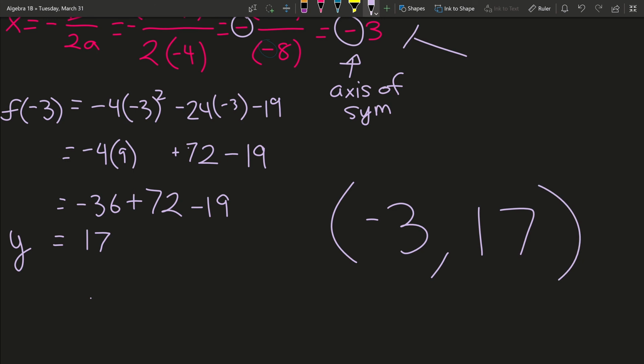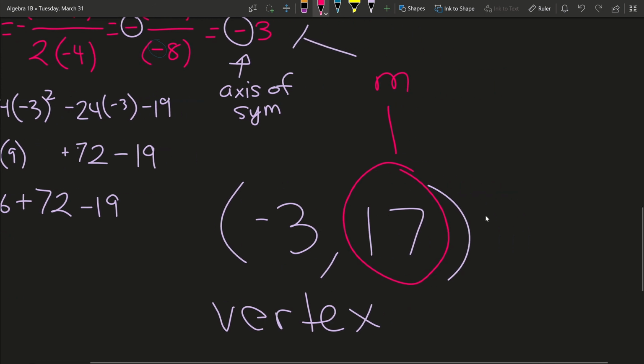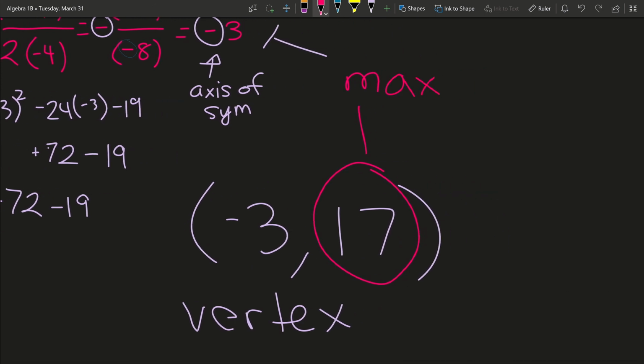So we have negative 3 comma 17 as our vertex. This vertex is also going to be our max value. This vertex can help us figure out our max value, so this is going to be our maximum.